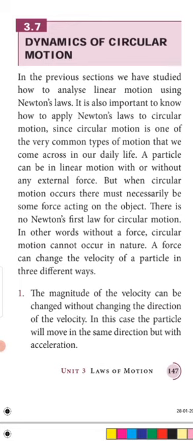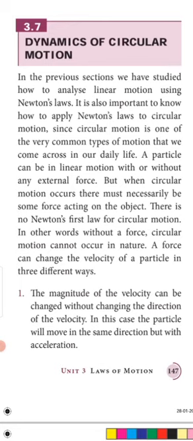Circular motion needs a force. In linear motion, it is possible with or without force. But in circular motion, the force has to be there. If there is no force, there is no circular motion. In simple words, Newton's first law is not for circular motion. That means if there is no force, circular motion does not occur in nature.